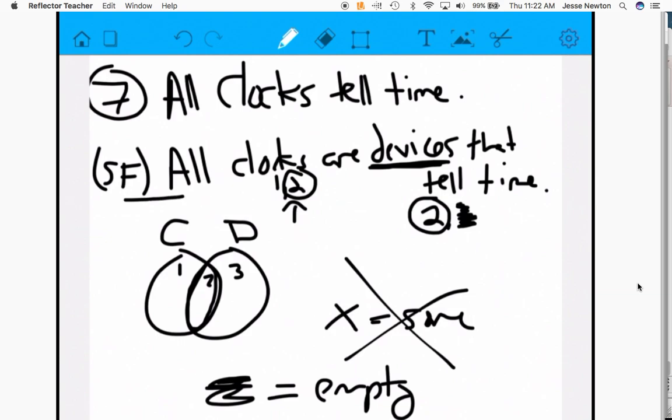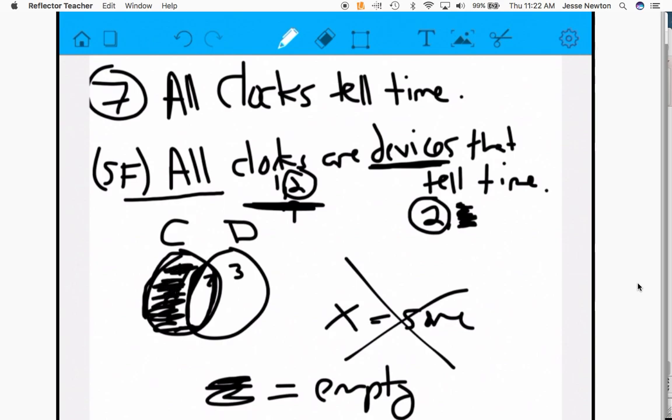And what this sentence is telling us is that everything is in 2. All the clocks are in 2. But if all the clocks are in 2, where are there no clocks? Well, again, there are no clocks in 3, but we don't care about 3. We're disregarding 3. We only care about 1 and 2 because those are the only regions where clocks are represented. So basically what we do is we shade in 1.